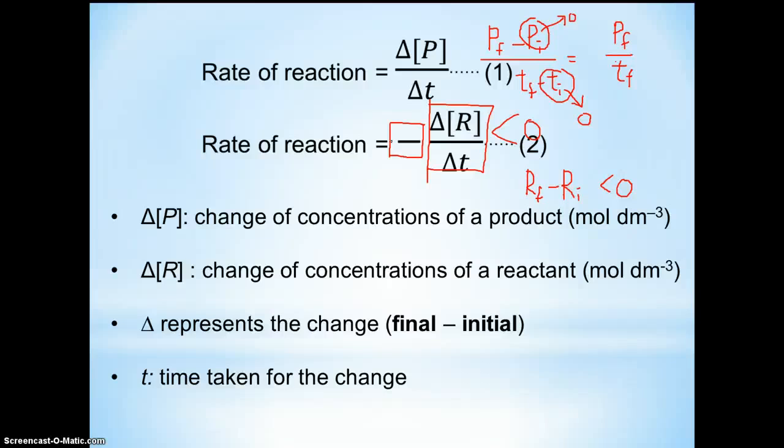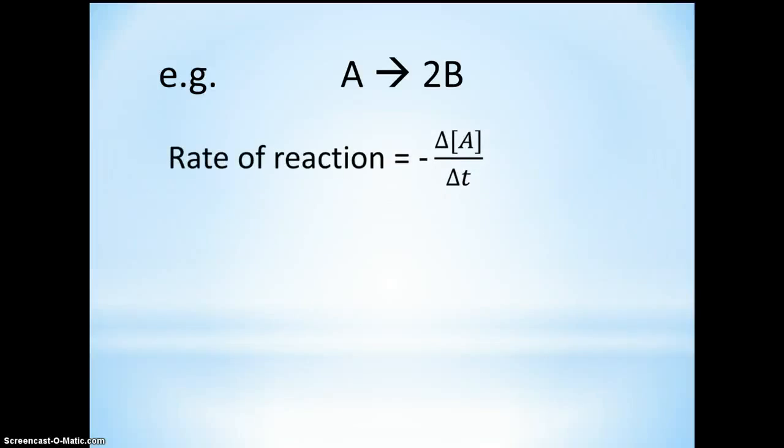So when we really get into a chemical reaction, let's take one example like this. A decomposes and becomes 2B. If we are writing the rate of this reaction, we can represent it like this: the change of the reactant, this time A is the reactant, over the change of time, and multiply by a negative sign in front of it.